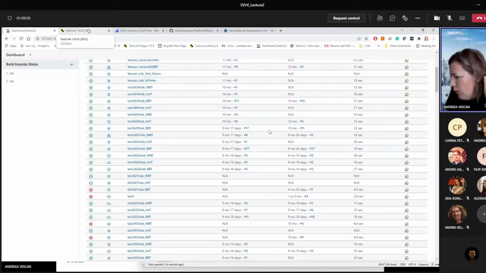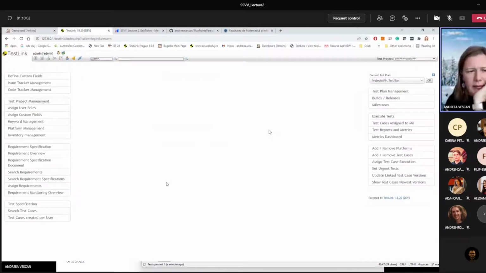Since we have only about 5 minutes till the end, I will go further and explain to you, and maybe next lecture I will take the presentation again, since we will talk only about white box testing and we'll have more time. But I just want to take you through these 2 tools, because you also use them in the second lab.